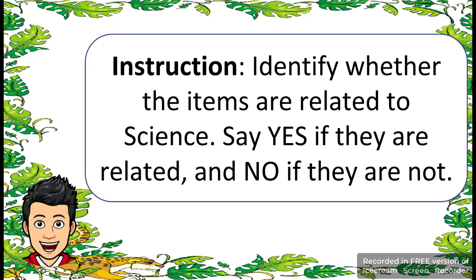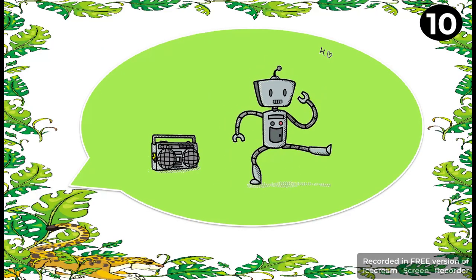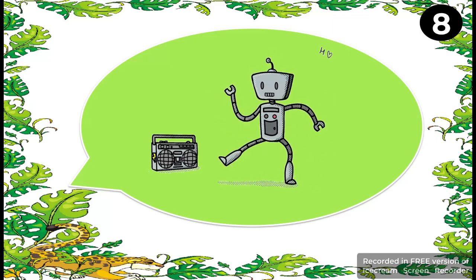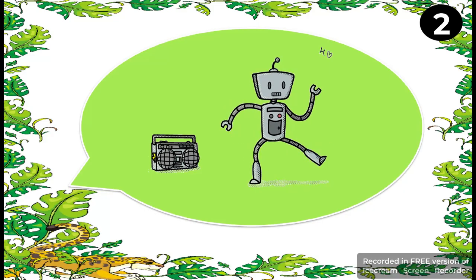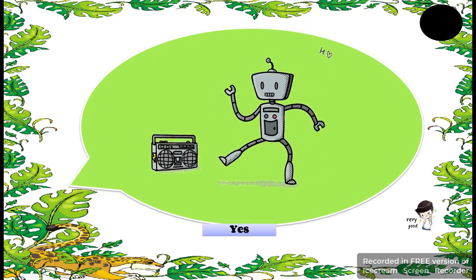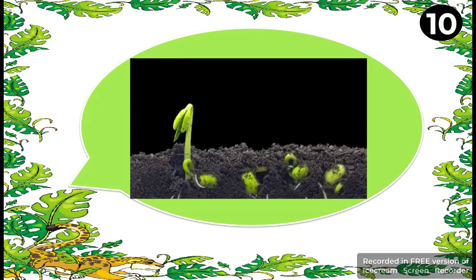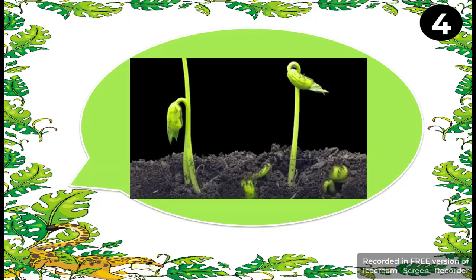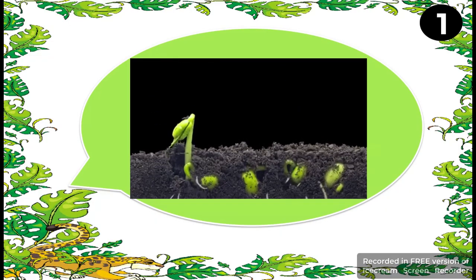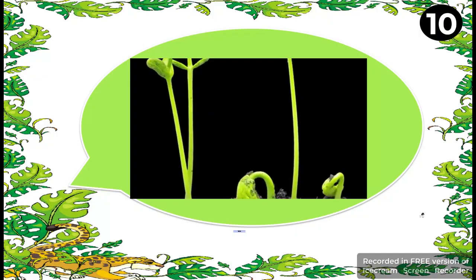For the second activity, instruction: identify whether the items are related to science. Say yes if they are related and no if they are not. Number 1. The answer is yes. Number 2. The answer is yes.